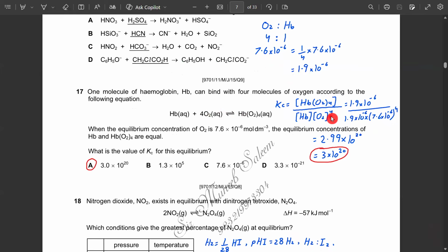And then you put the values. So the value for HbO2 is basically equal to 1.9 times 10 to the power minus 6 divided by 1.96 times 7.6 times 10 to the power minus 8.